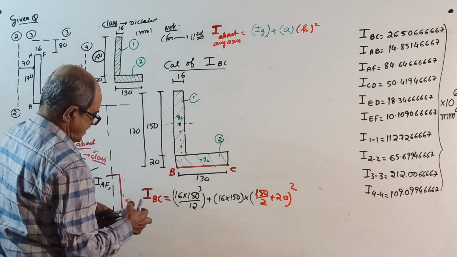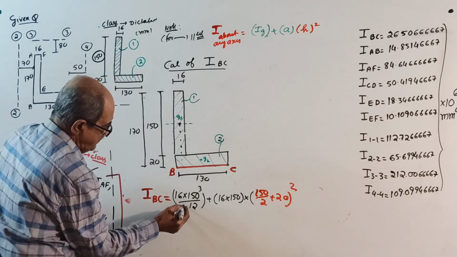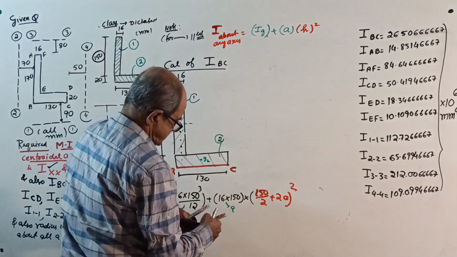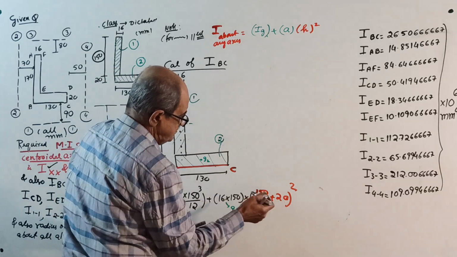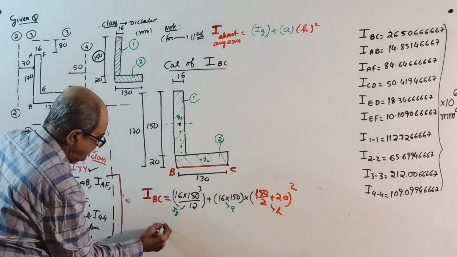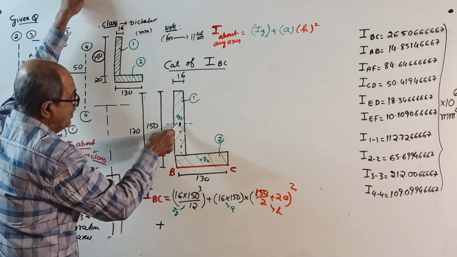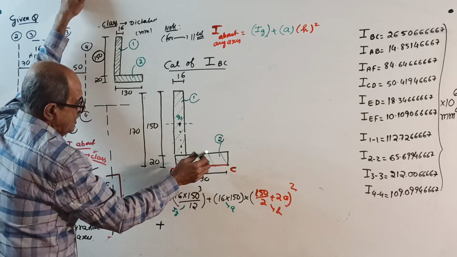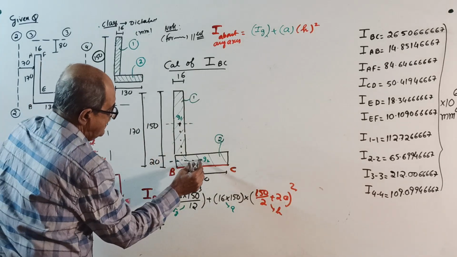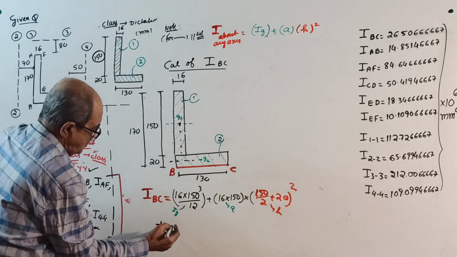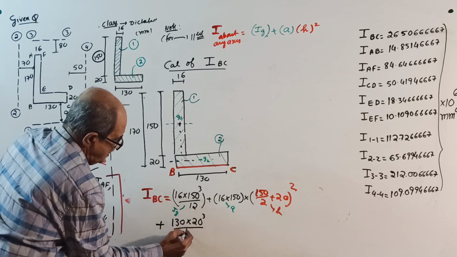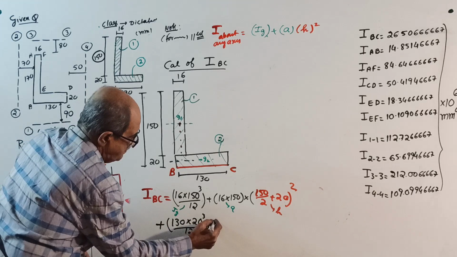This is your IG, this is area, this is H, for part 1. Plus one more for part 2. First I about its own centroidal axis: 130 into 20 cube by 12, which is IG, plus area.